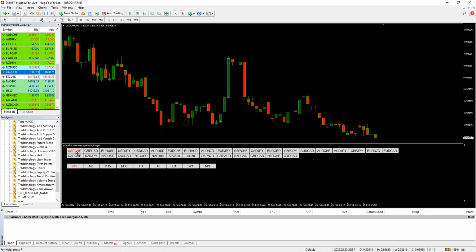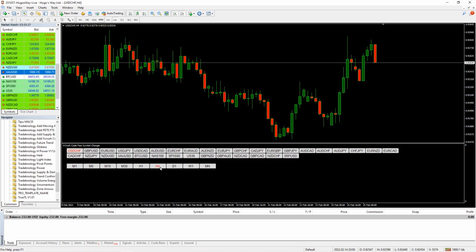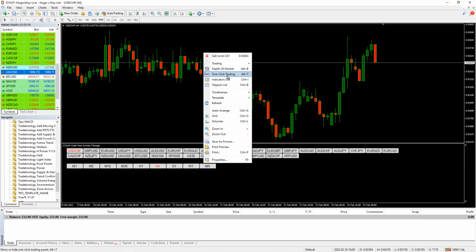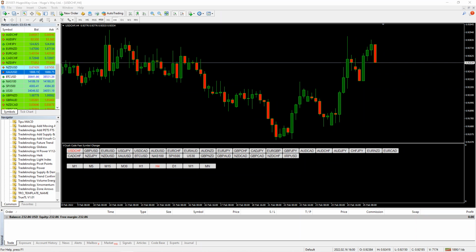As you can see, you can change the pairs rather quickly. You can also change the time frames very quickly. You're in 1 minute, you can be in the 1 hour, 4 hour. So it enables you to have kind of like a cheat code so you can navigate between pairs and time frames with a lot more ease. Okay. So we're going to get rid of that one.